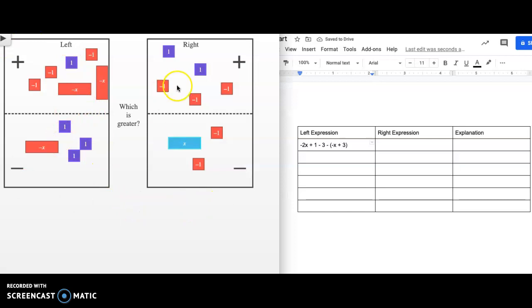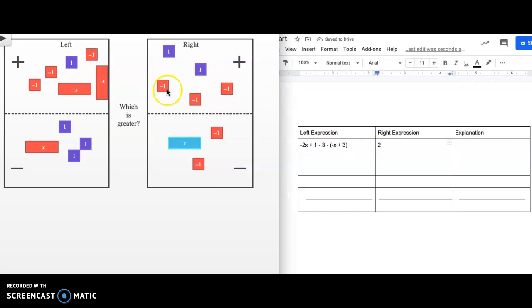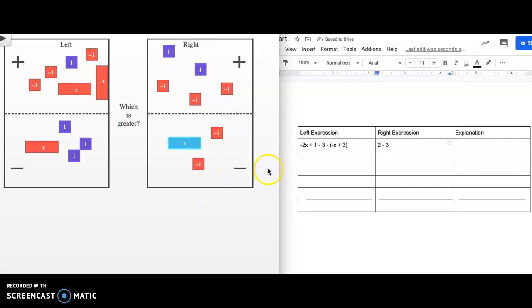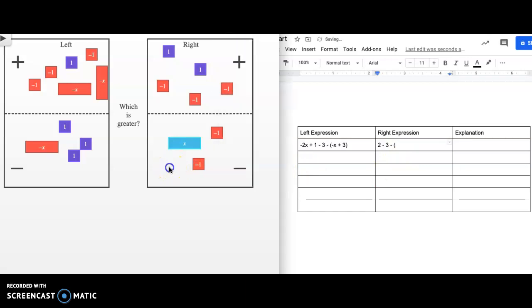On the right mat, I want to start in the top, in the positive region. I have 2 1s, and then minus 3. And then now I have to go down to the bottom region, to the opposite region. So I'm going to indicate that by putting a minus. And then everything that's in that opposite region I want to put in parentheses.